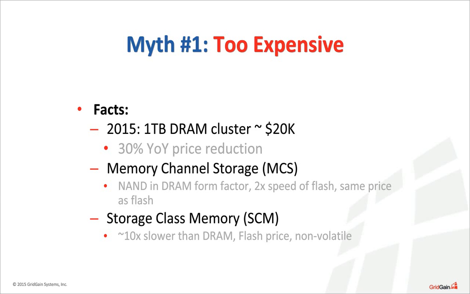But it has come down dramatically in price in the last maybe 5 years. I already mentioned to you that in today's prices, a terabyte of RAM costs about $20K. And it's the price of a used car. Just to give you perspective, just a few years back, the entire working set of Twitter was about 7 terabytes.